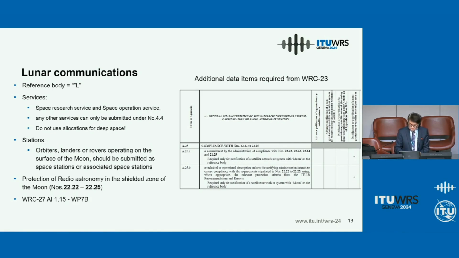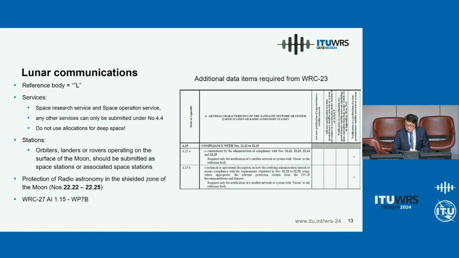So I quickly go through Earth stations. So far I'm talking about satellite networks and satellite systems that are not subject to coordination. So now I'm going to talk about Earth stations. And Earth stations, there are coordination procedures, which are listed here. 9.15, 9.17, 9.17A, 9.21, 9.7A.